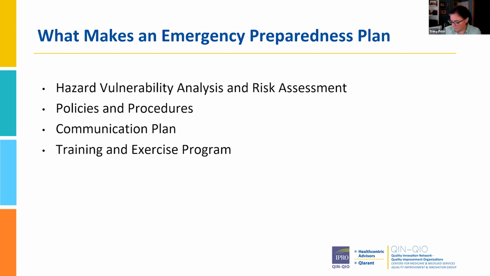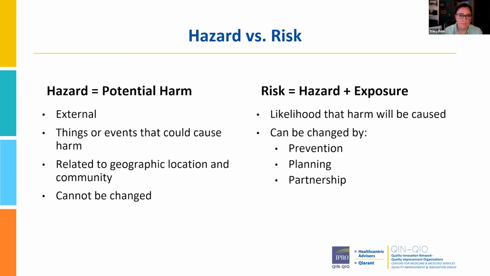So this is where it starts to get fun. We're going to talk about hazard versus risk. A hazard is, of course, the potential harm. It's something external. It's often geographic, like your facility is located next to a railroad track. I think we've all seen the news.